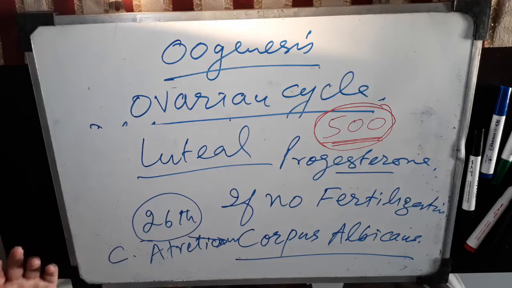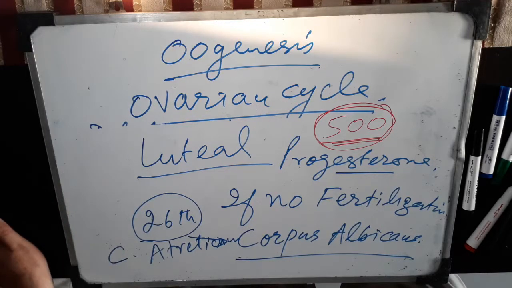It means fertilization is necessary to complete the oogenesis. So oogenesis is an interrupted process. It is interrupted before birth, then after birth, then after puberty with cyclic changes, then again at menopause the cycles cease, no further cycles. So this is how oogenesis is an interrupted process, and it starts in intrauterine life.